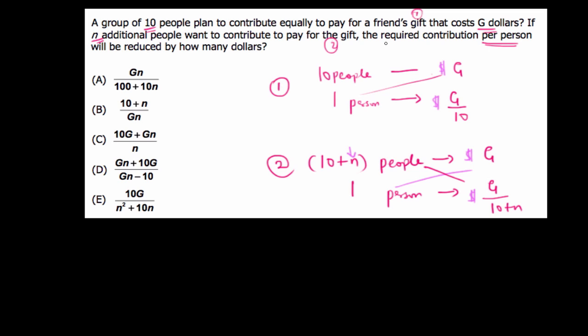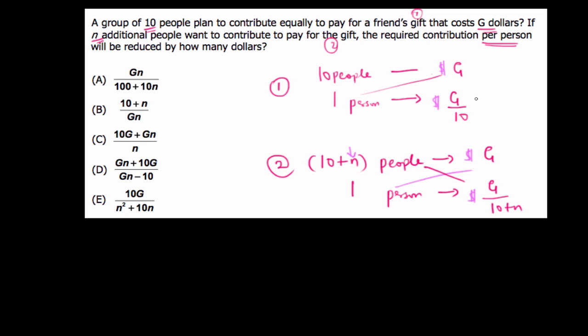We are now told to find the reduction in the required contribution per person. For one person in the first statement, without any addition, you would pay G over 10. But for the second statement, after the addition has been made, one person pays G divided by 10 plus n.